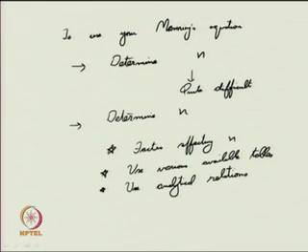You can use already available data, use available tables, or you can also use analytical relations to compute n. There are some analytical relationships as well as empirical relationships that relate n with various parameters of the surface. You can use them.